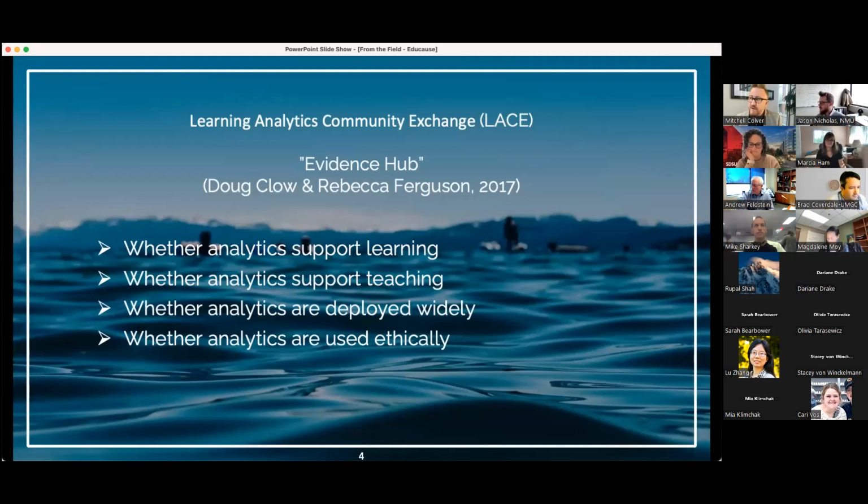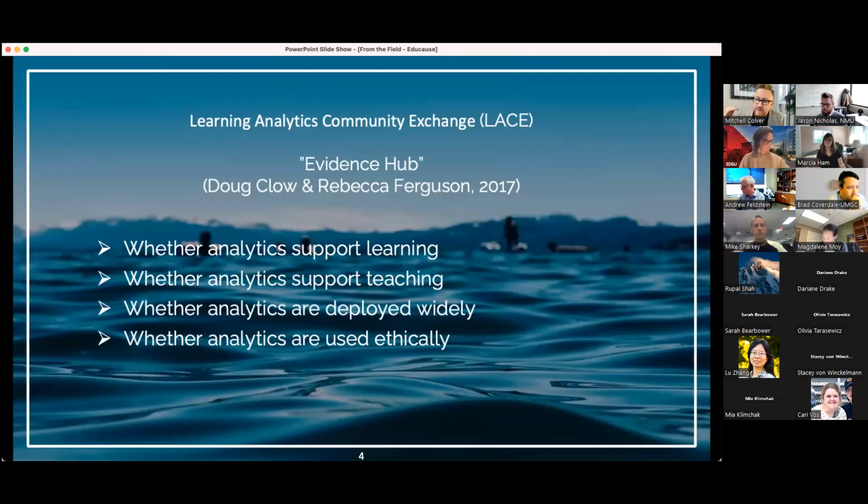I want to talk about LACE. I don't know that the Evidence Hub is an active project for Doug and Rebecca, but Doug and Rebecca Ferguson, who were at the Open University in the United Kingdom, circa 2017, basically said there were four critical questions we needed to look at and answer as they relate to student success analytics being deployed in higher education.